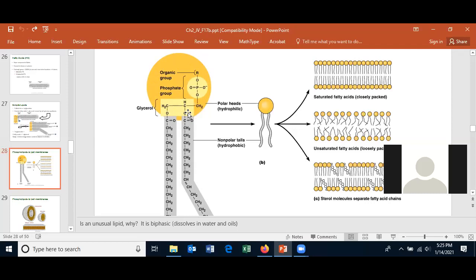And there aren't too many molecules that are that way. We call it biphasic because it can dissolve in both water and oil. And you do know one other biphasic molecule. Detergents are biphasic. And that's why when you add detergent to your laundry, when you're washing it in the washing machine, the detergent helps clean your clothes. The polar part of the molecule can help dissolve the polar molecules in your clothes.